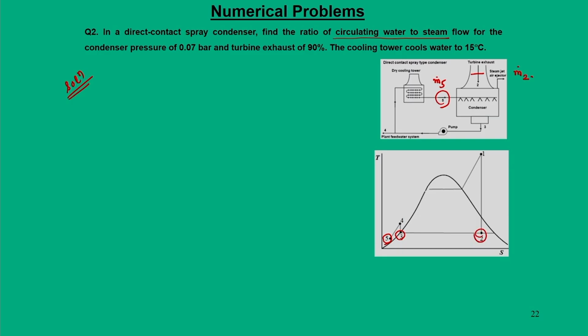For a spray condenser, if you calculate the mass and energy balance, you can recall our equations: m dot 3 is equal to m dot 2 plus m dot 5, that is the mass balance, and m dot 3 H3 is equal to m dot 2 H2 plus m dot 5 H5, that is the energy balance.